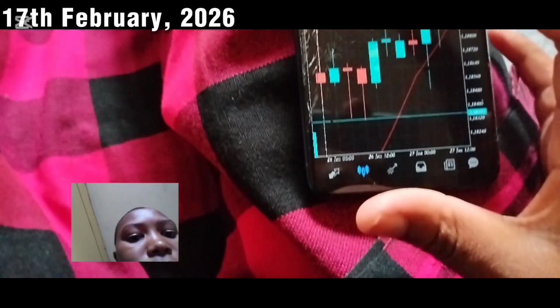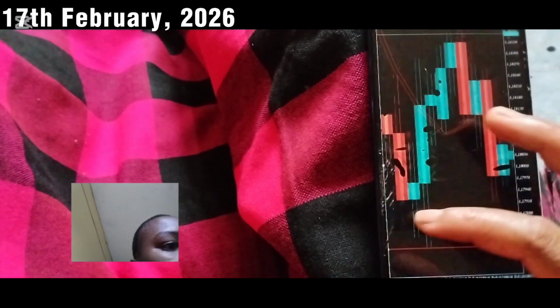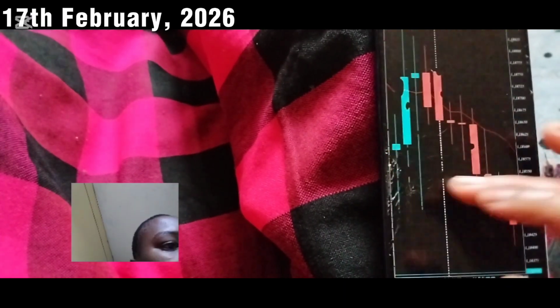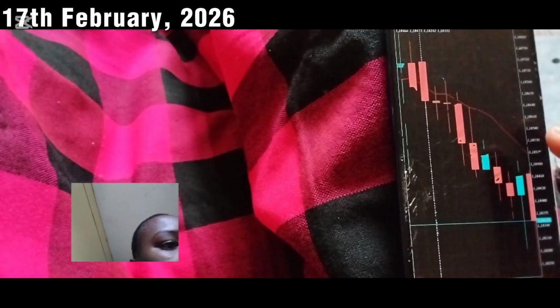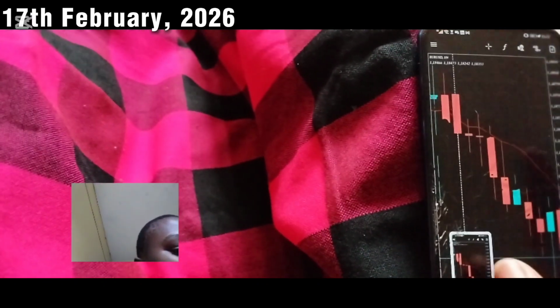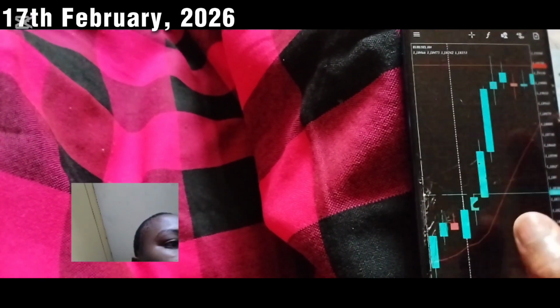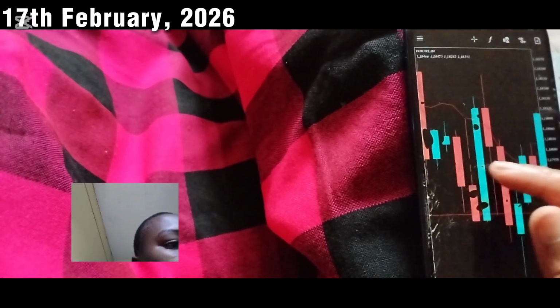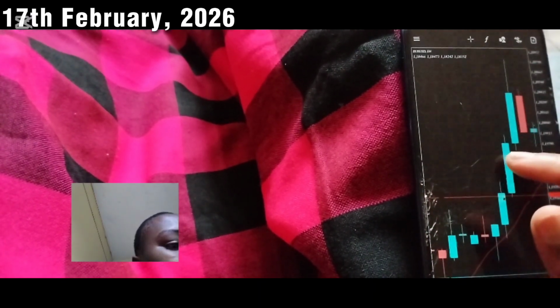And then where else did we see a doji? This two, I believe. I should have like 10 of them. Then I'll label them when I'm not holding this other phone. There are these here.